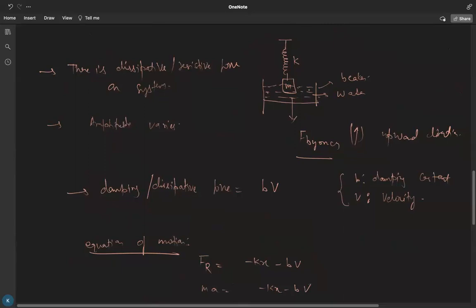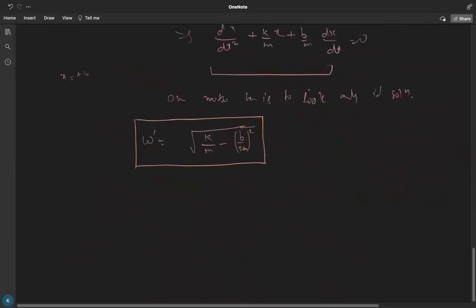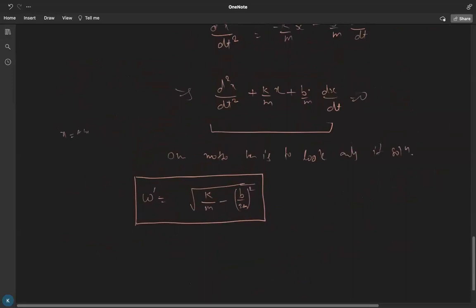So its effect automatically affects our frequency. So what I'm trying to say is we have a constant kind of frequency, but it is different from the natural frequency. So you can write it as omega square is equal to omega naught square minus b by 2m square. You can also write it in this way, right?